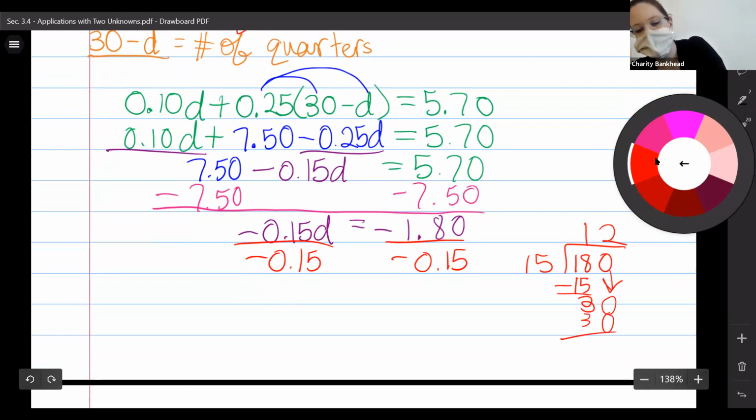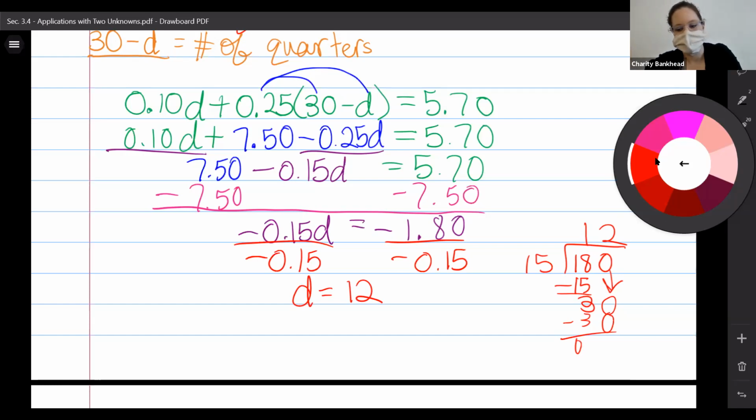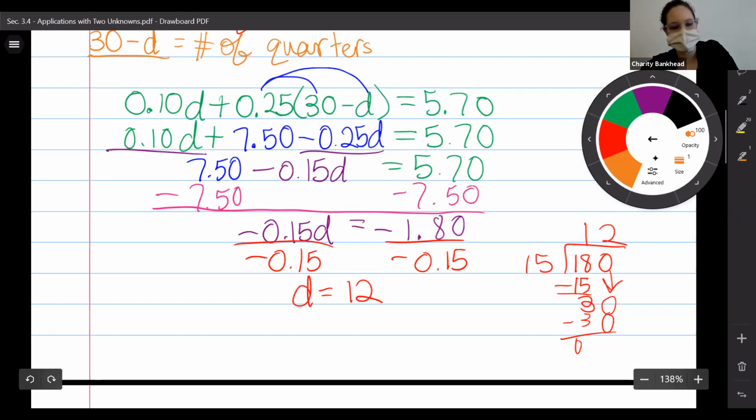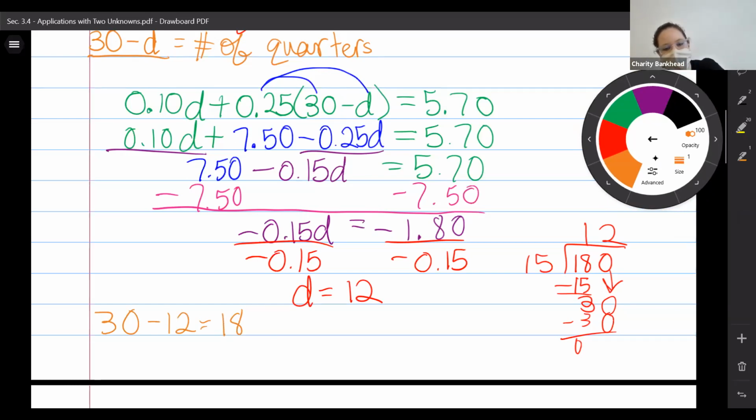That would be 12. So D is equal to 12. So that means there's 12 dimes. And then to get the number of quarters, just do 30 minus 12 equals 18. All right, so she has 12 dimes and 18 quarters.